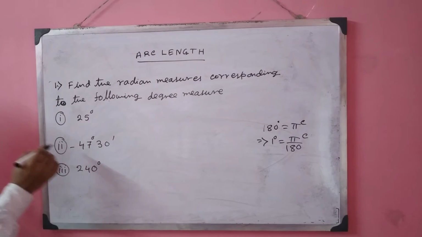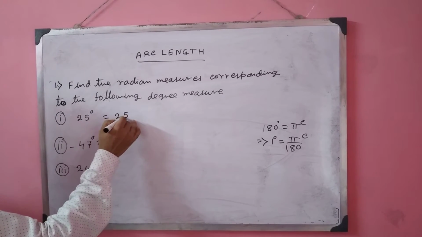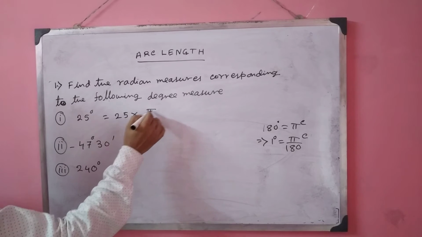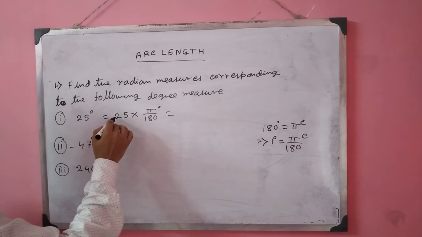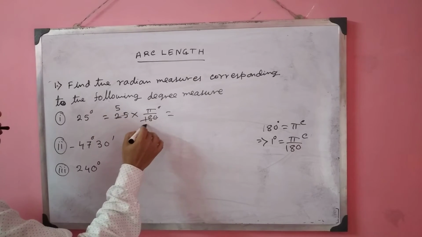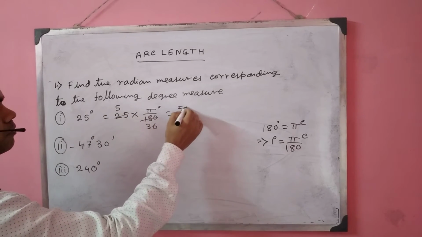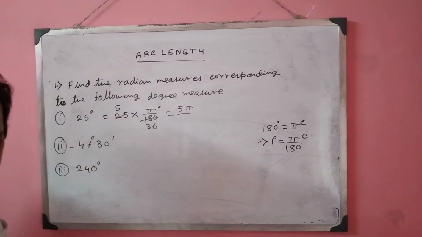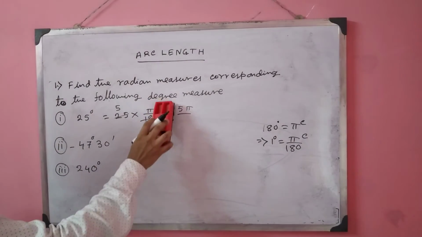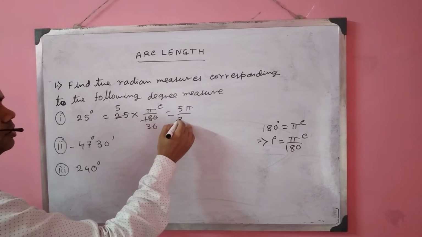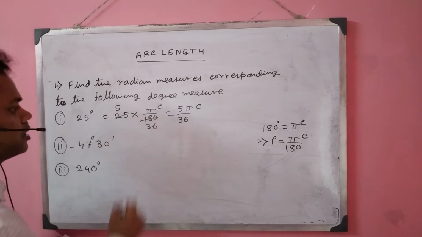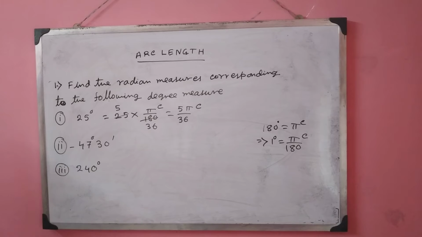So 25 degree equals 25 into pi by 180 radian. That implies 5 pi by 36 radian.